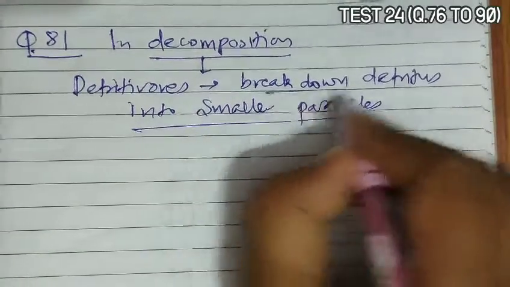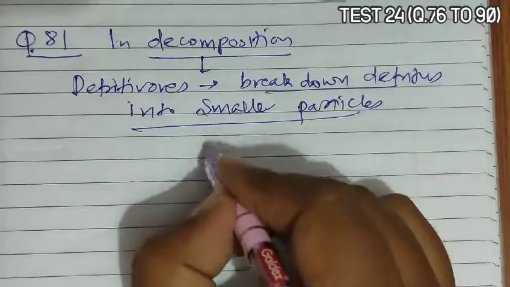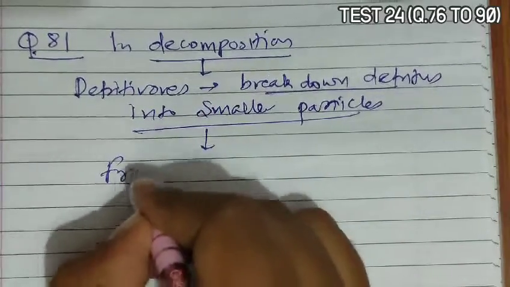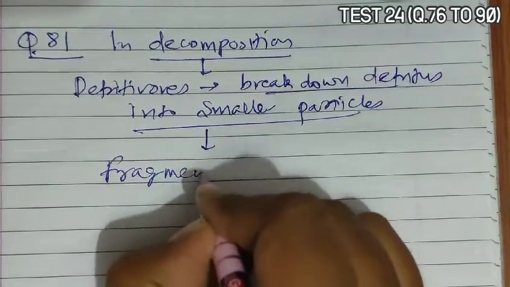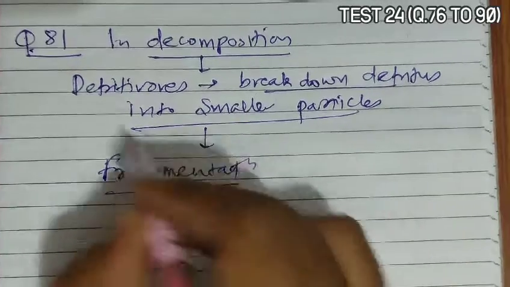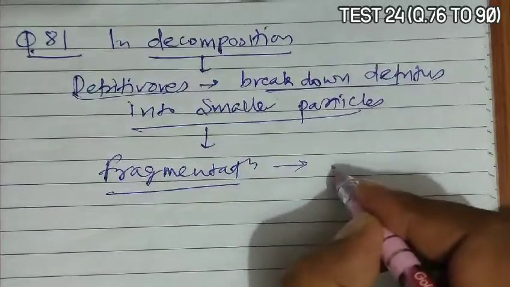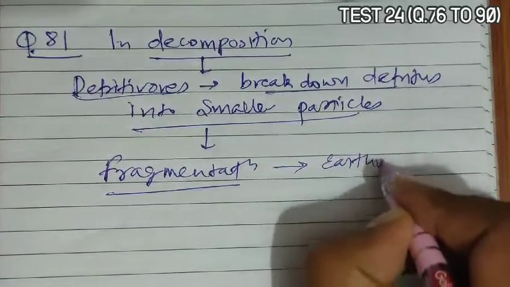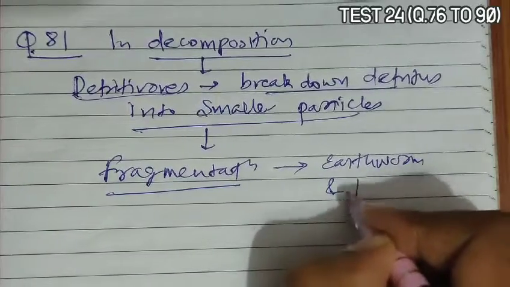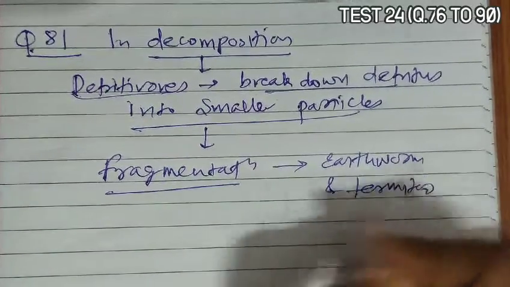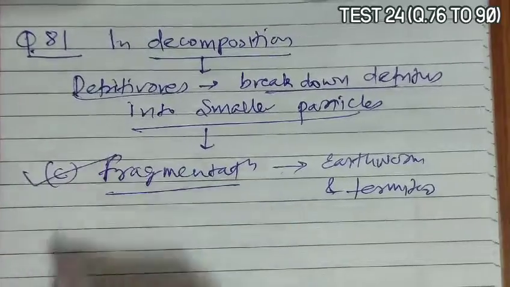This process is known as fragmentation. The detritivores which carry out this process are earthworm and termites. So C is the correct answer.